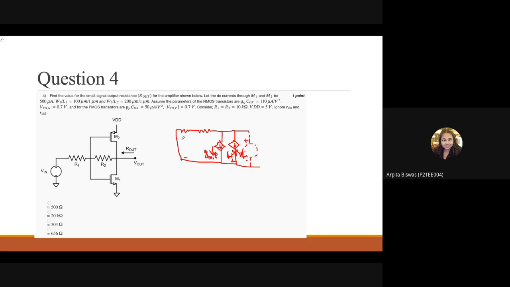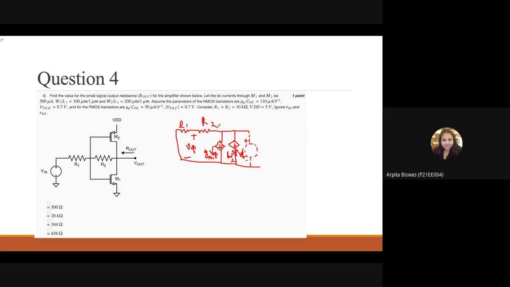This particular position is plus and this is negative, so this is VGS. This is R1 and this is R2.